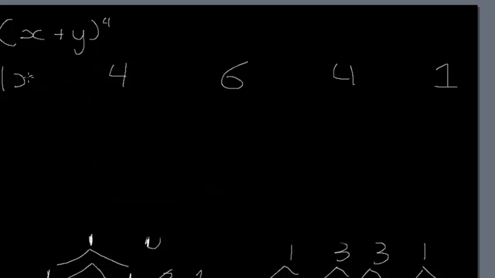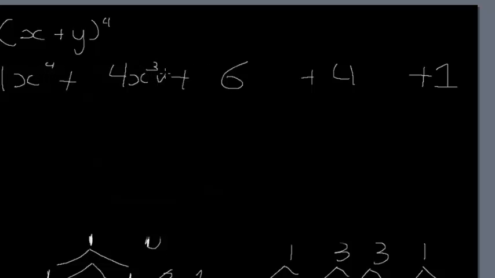So x to the power of n, which is 4, right? And y to the power of k, which is 0 right now because we're at the first part. 0, 1, 2, 3, 4. Plus. Just add pluses. And what we can do here is x to the power of 3, bring it down. 4, 3, 2, 1, 0. 4, 3. How about y?